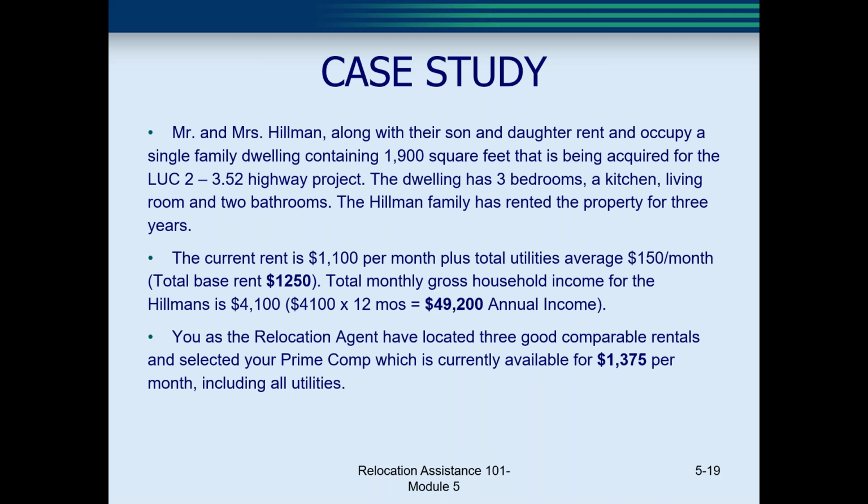You times that by 12 months, so they have an annual income of $49,200. So you as a relocation agent, you've located 3 good comparable rentals, and you've selected your prime comp, which is currently available for $1,375 per month, including utilities.